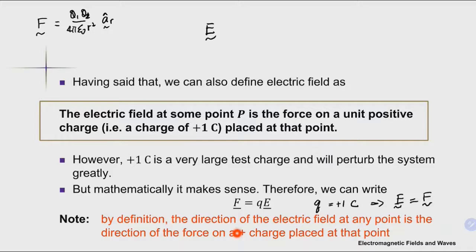So if I divide this by Q2, then I get my electric field. So that is my electric field, Q over 4 pi epsilon naught r squared, times my unit vector r.